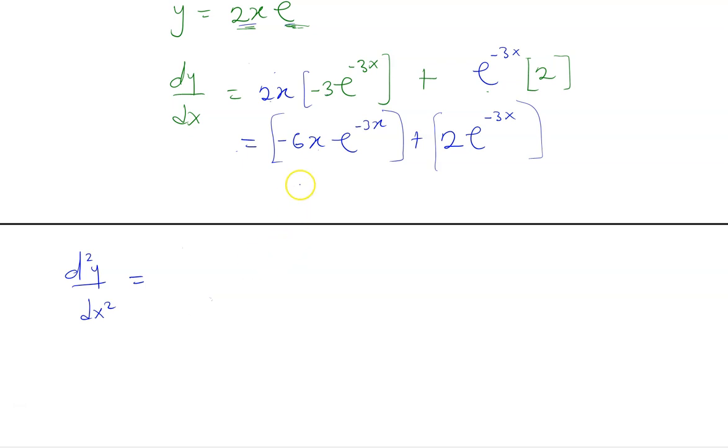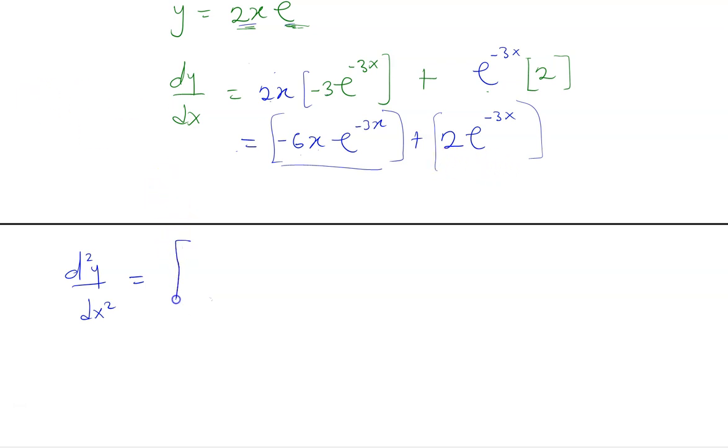Okay. So at this point, I need to differentiate this one, and this is the product rule. So we are going to apply product rule in solving the first one. Then this is just a normal differentiation. So let's continue.